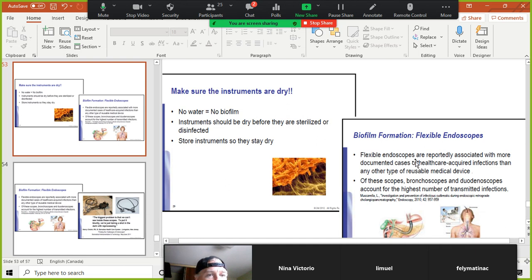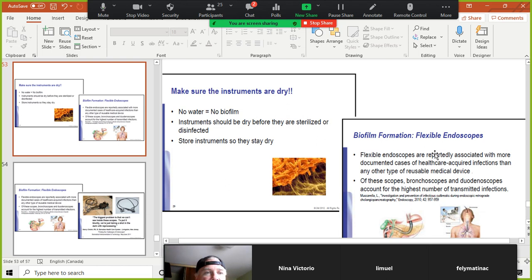Flexible endoscopes are reportedly associated with more documented cases of healthcare-acquired infections than any other type of reusable medical device. Big time. I think we talked about it in week 1, but don't quote me on it. It's just the whole idea of people going into the hospital with an ailment and coming out of the hospital with another one.